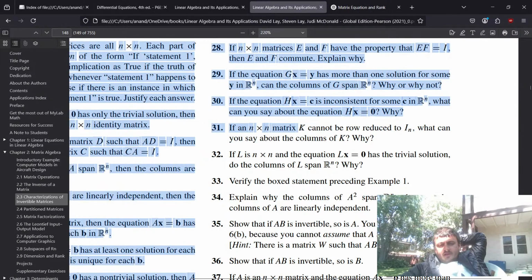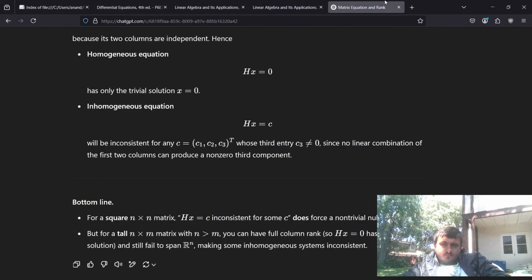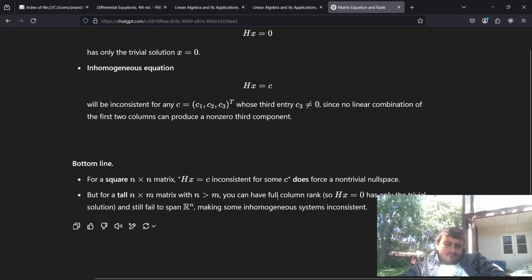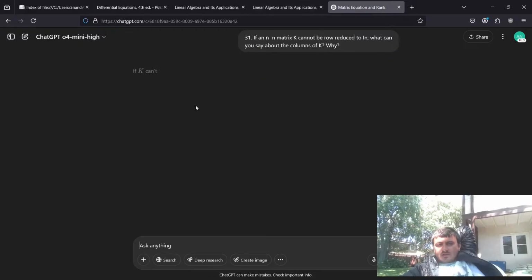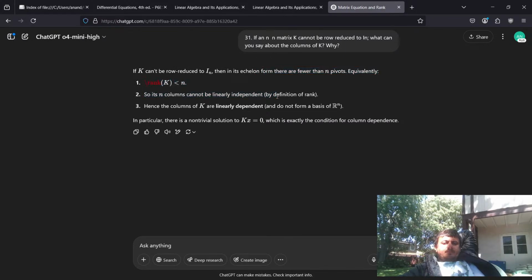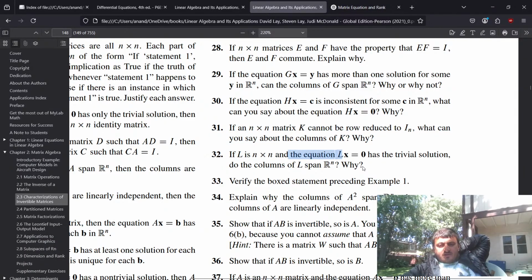The columns have to be dependent, right? If it's n by n and it can't be reduced, then there's a dependency. Right, yeah. I guess a pivot argument makes sense. If L is n by n and has the trivial solutions, so this one doesn't say only has the trivial solutions.